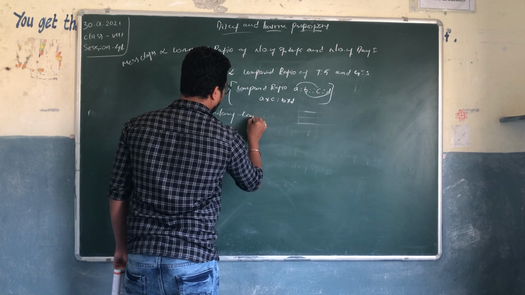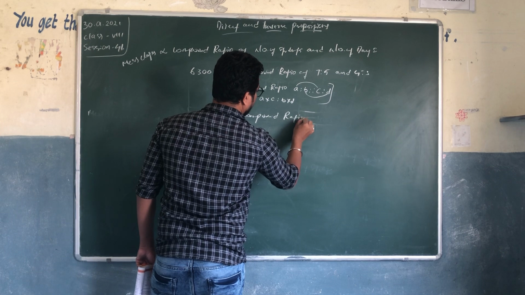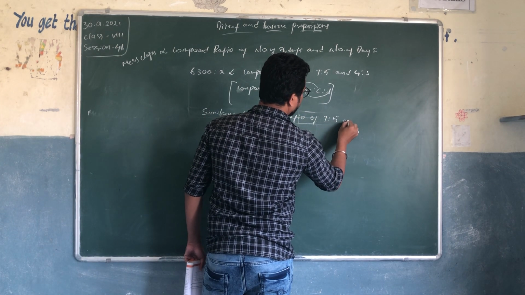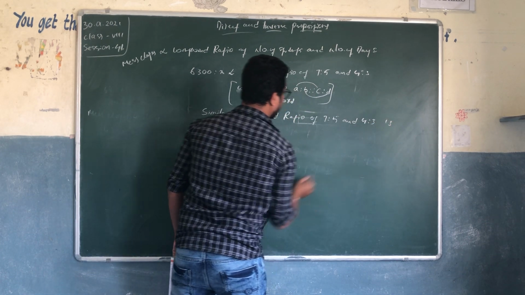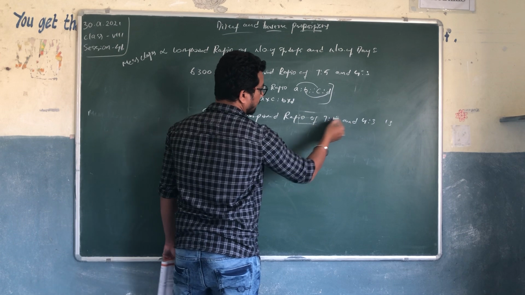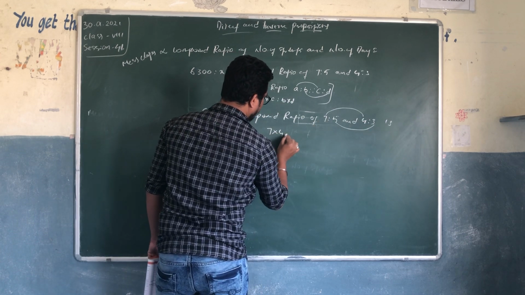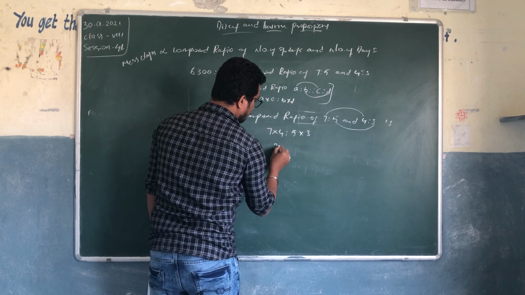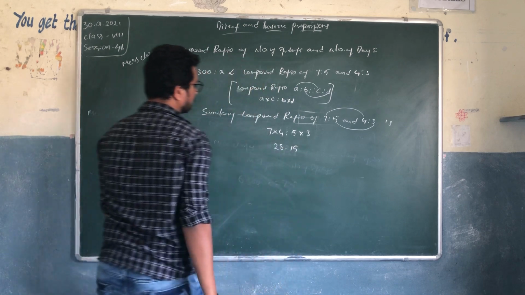Similarly, the compound ratio of 7:5 and 4:3 is, we can write 7 into 4 is to 5 into 3. 7 4s are 28 is to 5 3s are 15, right?